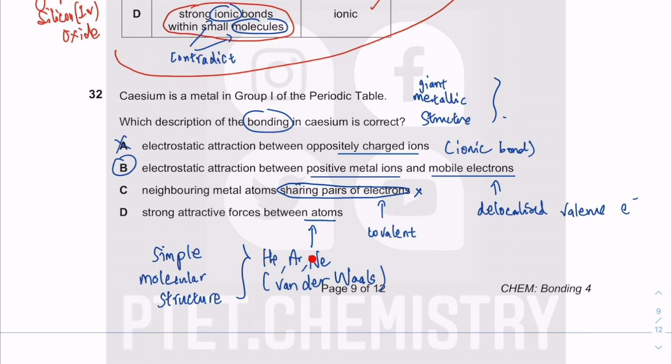They simply exist as single atoms, simple molecular structure with just van der Waals, which is an intermolecular force between the atoms. It's the same van der Waals that you get between the layers of graphite. But graphite is special because of that van der Waals attraction between the layers when it is a giant molecular structure.